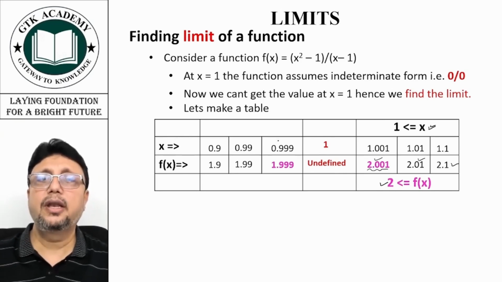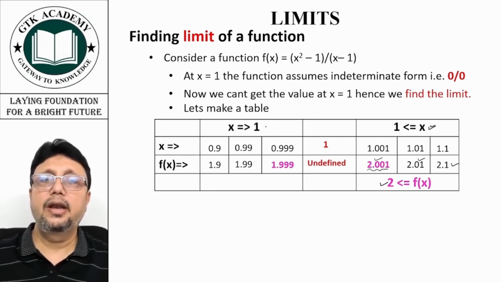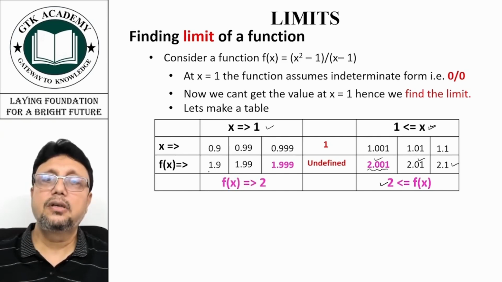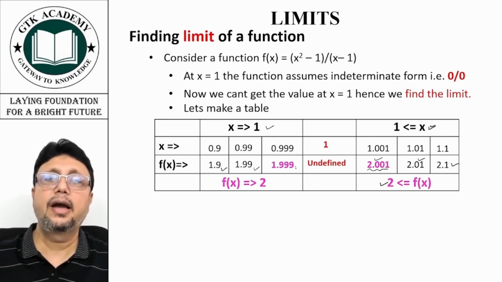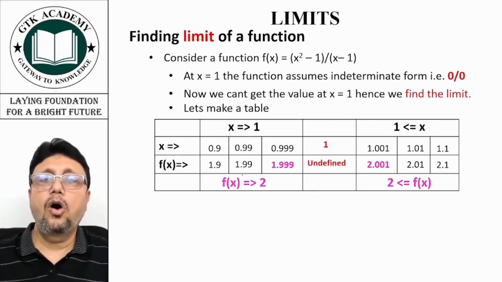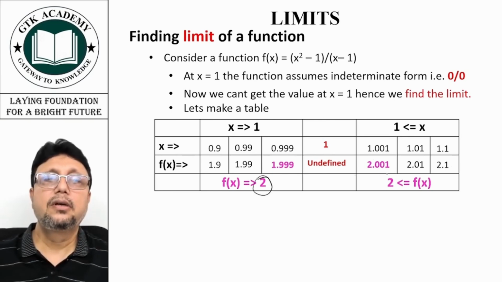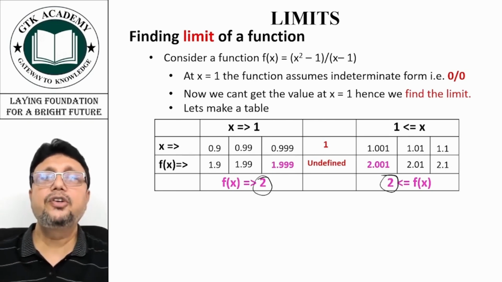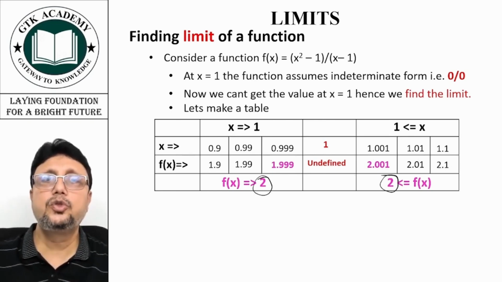Or if you see from the left, when x starts approaching 1, same, the function approaches 1.9, 1.99, 1.999. So either from left or from right, the function approaches 2.